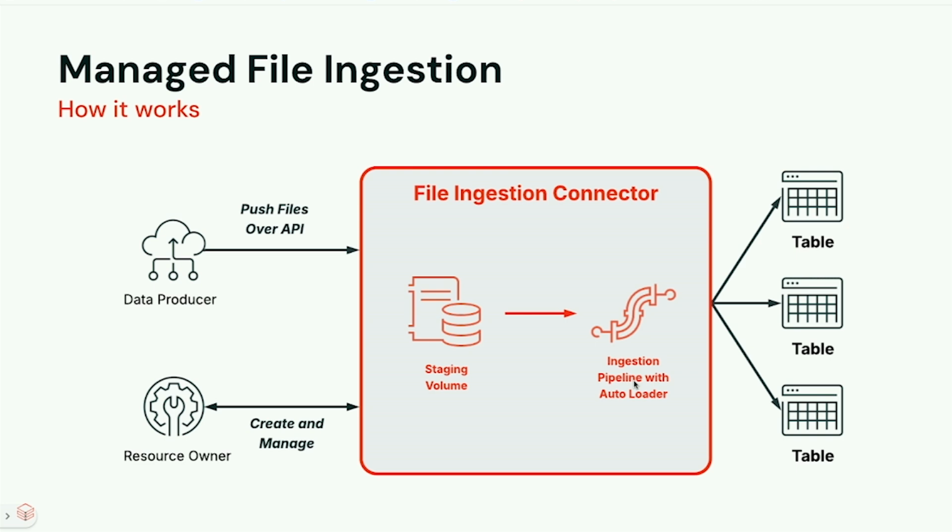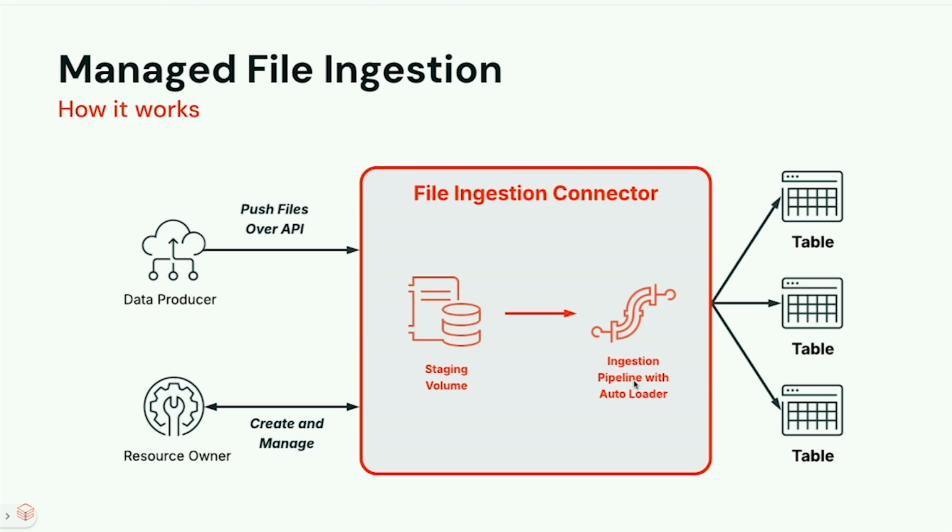The other persona is the data producer. They may be the same person as the resource owner or a different person. The data producer uses the API to push file data into the destination tables. They don't need to worry about where the data lands or how the data is getting ingested. They go on the API and just push a file to a table.